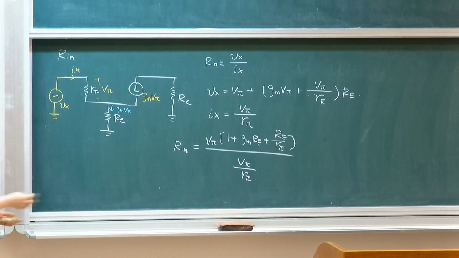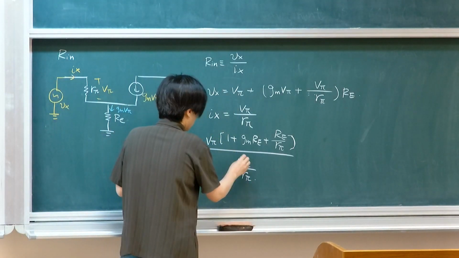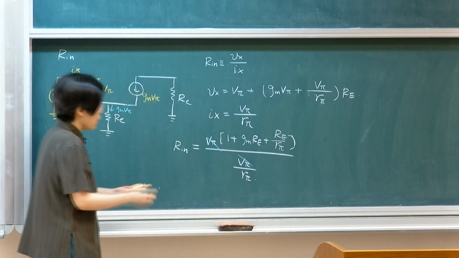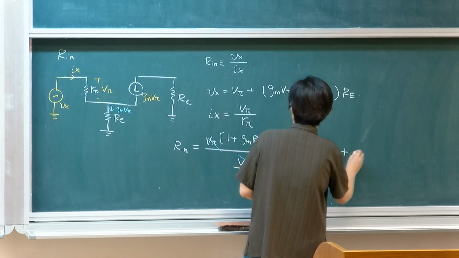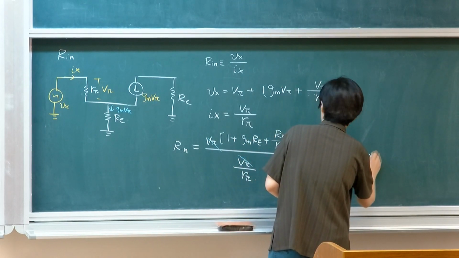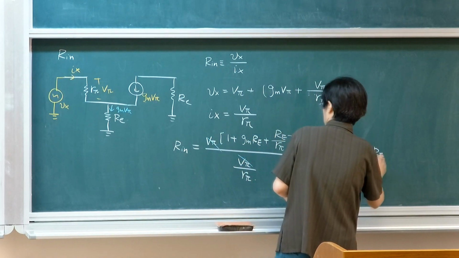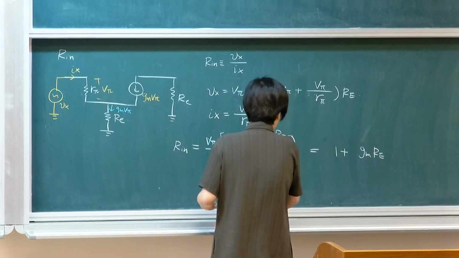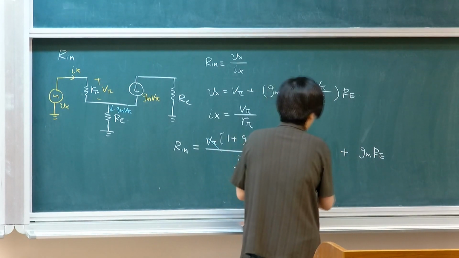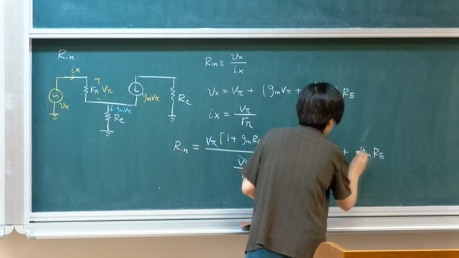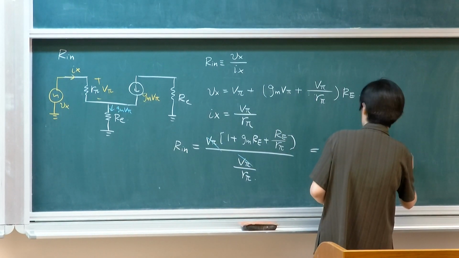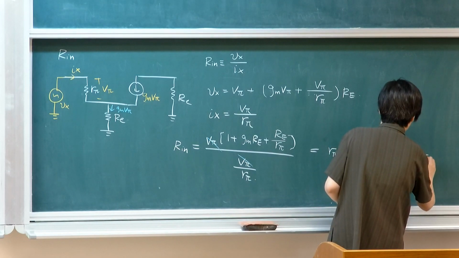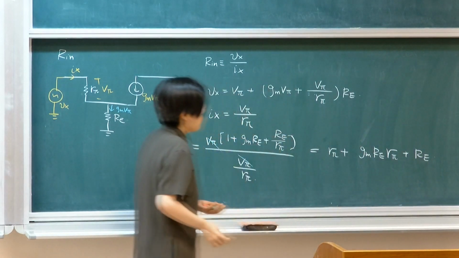So we simply cancel this V pi dependency, and we get an input resistance which is 1 plus gm RE. You times the R pi back, so the R pi goes to the top, and then RE. Okay?